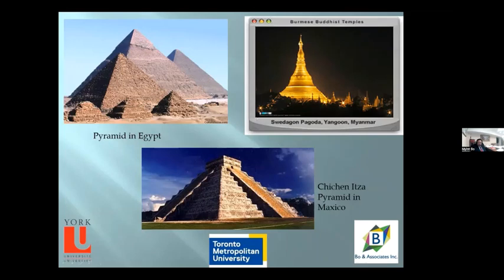Examples are the pyramids in Egypt built on loose granular soil, the pyramid in Mexico built on compressible soft soil, and many pagodas in Myanmar built on both loose granular soil and compressible cohesive soil.